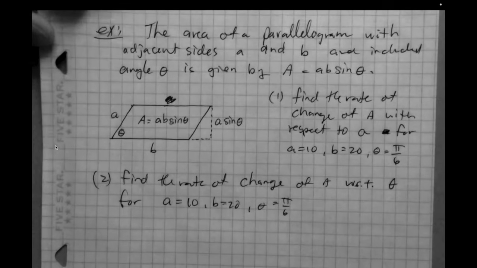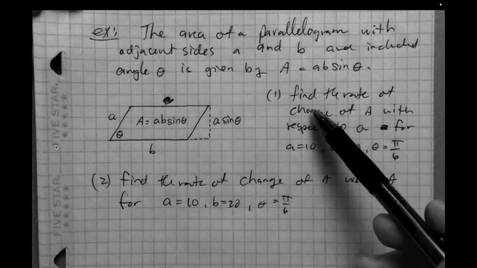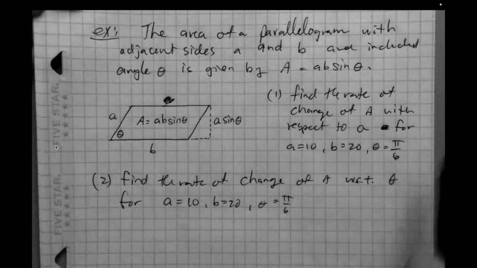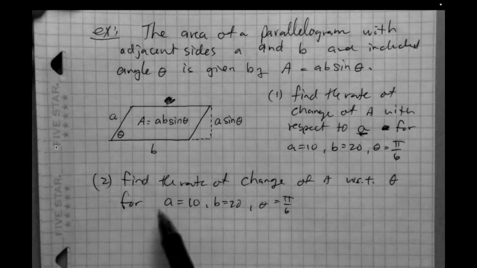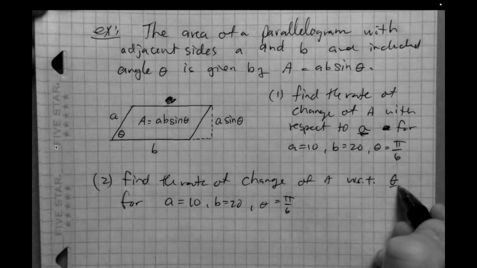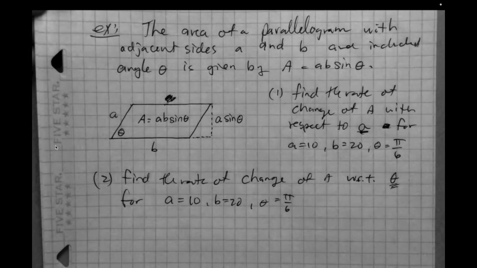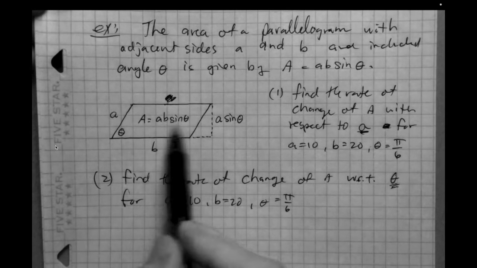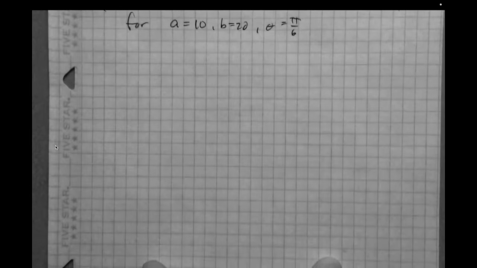And now can we do this? Well, just thinking this through, item 1 is just a partial derivative with respect to a, evaluated at these points. Item 2 is just a partial derivative with respect to theta, evaluated at these points. Very different derivatives, right? Here's your function. Very different derivatives, but the blueprint is straightforward.